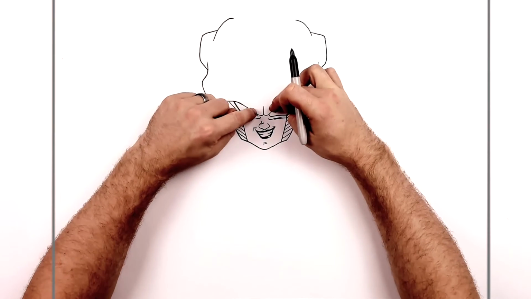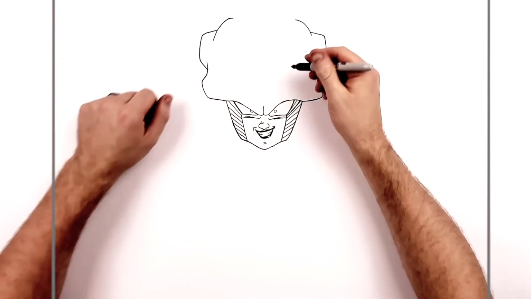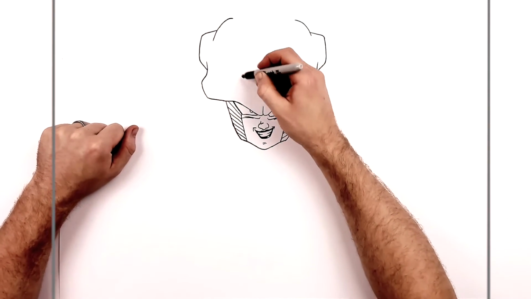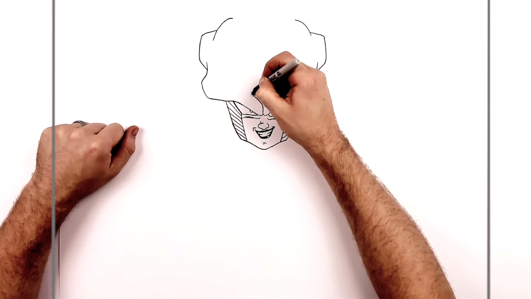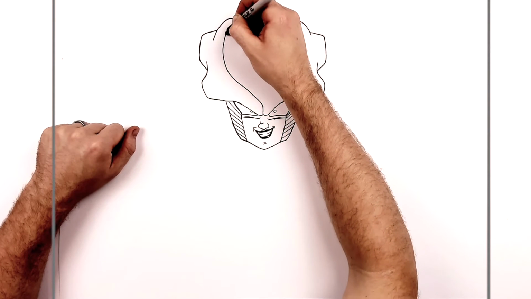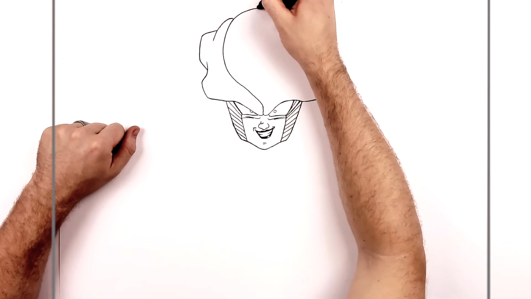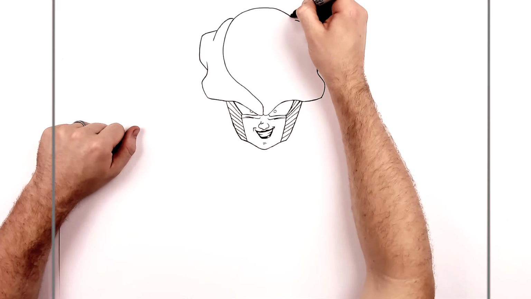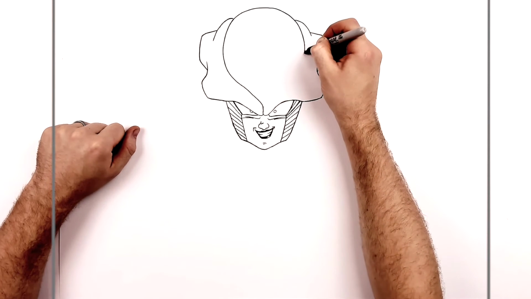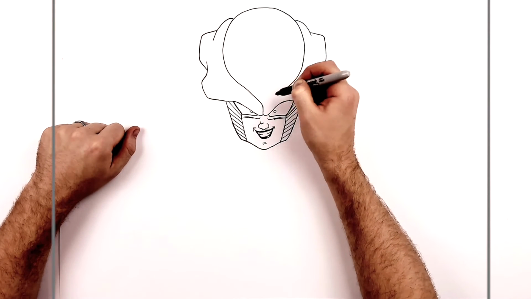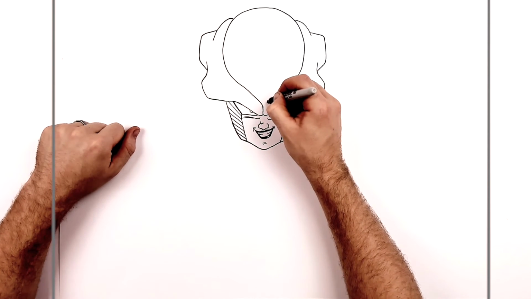So then in here, we have that purple jewel part of his head, right? So it comes out from this, goes all the way up around, right? Comes over the top of his head. Around the other side. And into there.